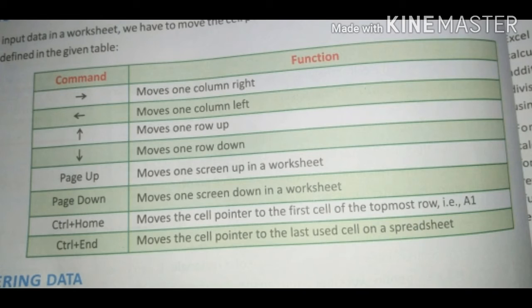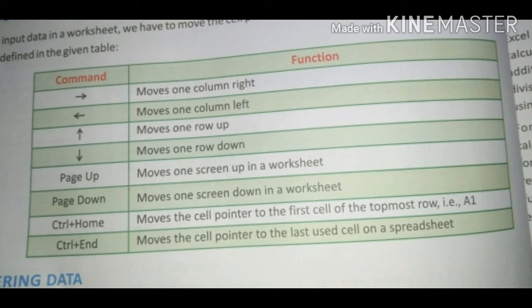The right arrow moves one column to the right. Left arrow moves one column to the left. Up arrow moves one row up. Down arrow moves one row down. Page Up moves one screen up in a worksheet. Page Down moves one screen down in a worksheet.